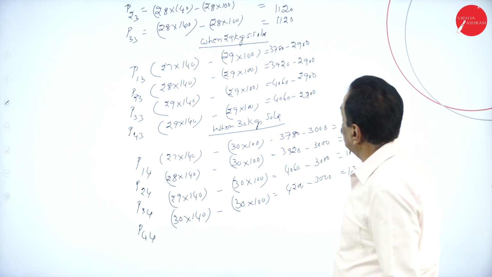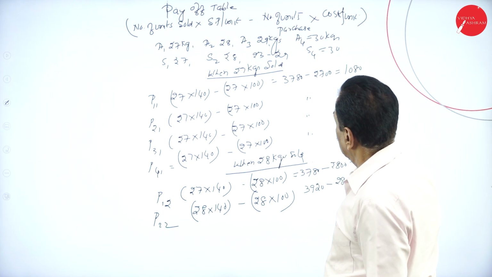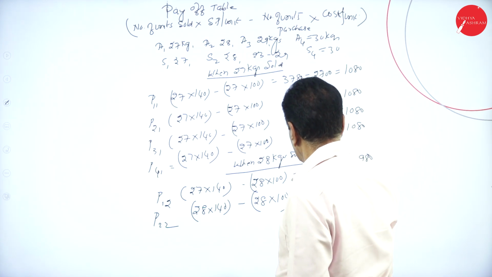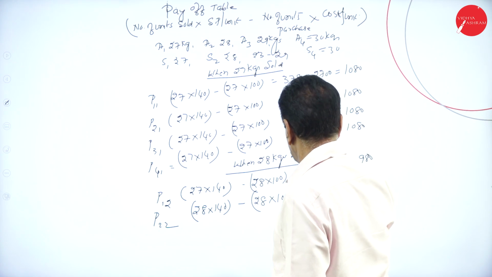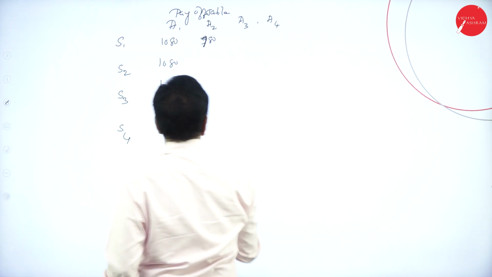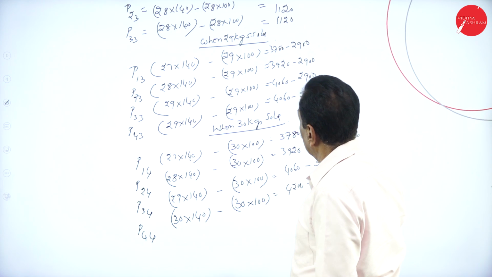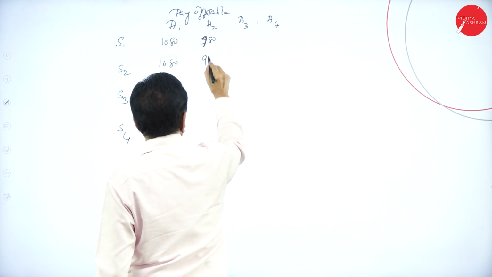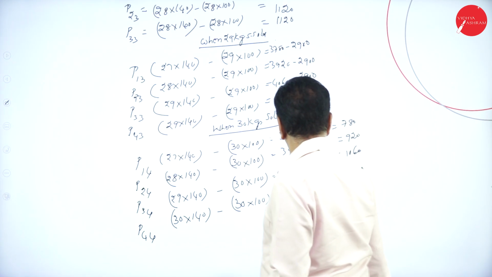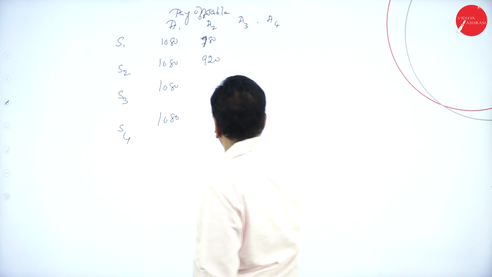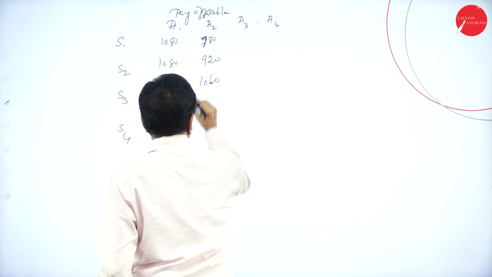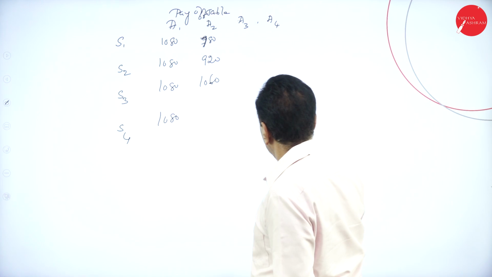Then A2, 27 kgs over 28 kgs, 780, 920, 1060, 1200.